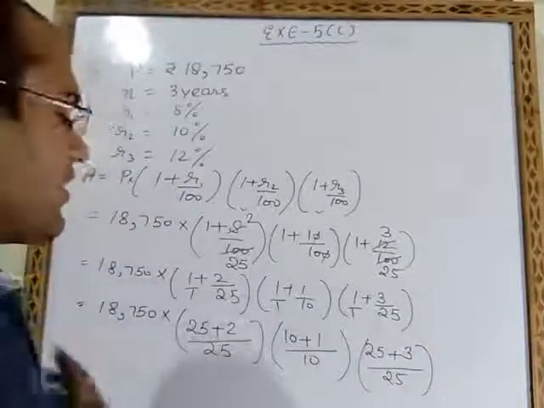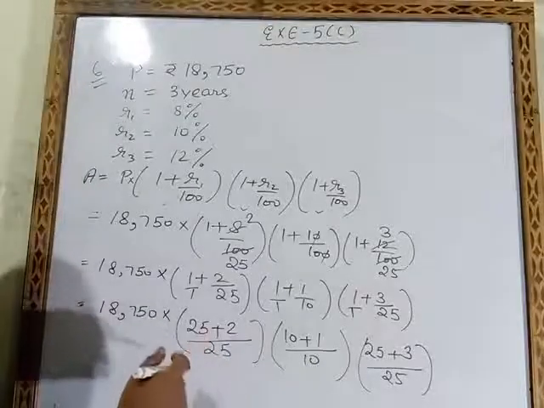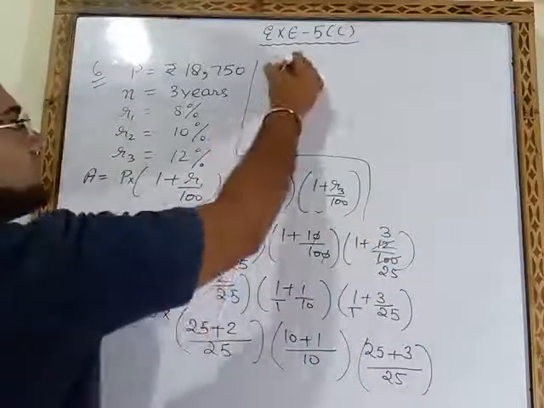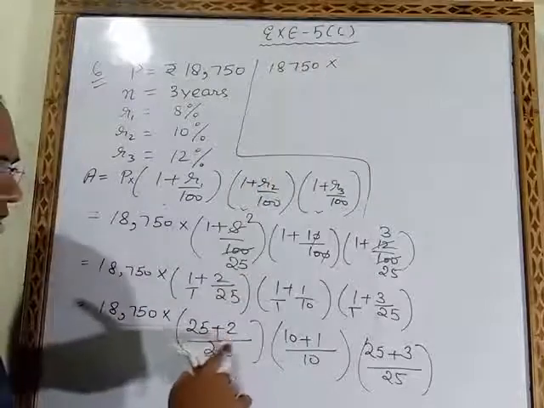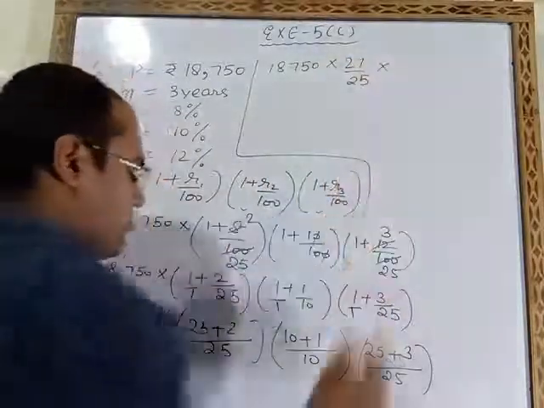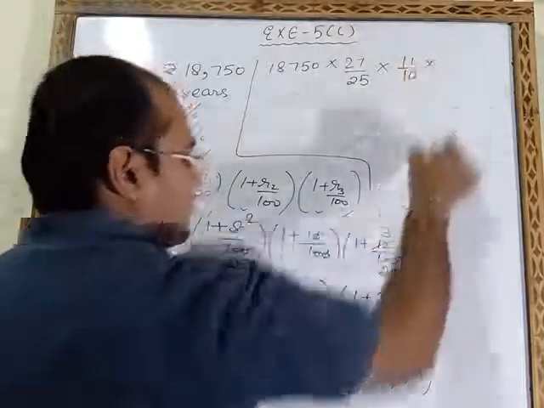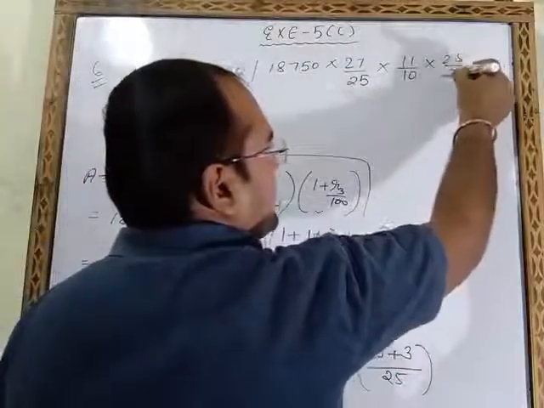Now we have to add these numbers. In brackets को add करेंगे. On adding these we will get 18750 into 27 upon 25 into 10 plus 1 is 11 upon 10 into 25 plus 3 is 28 upon 25.